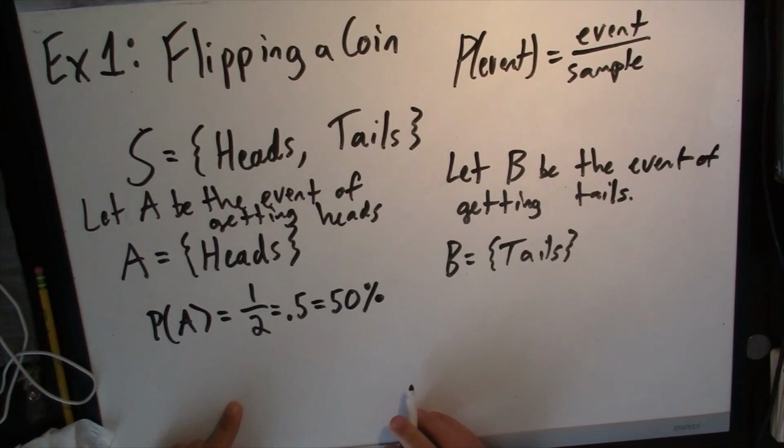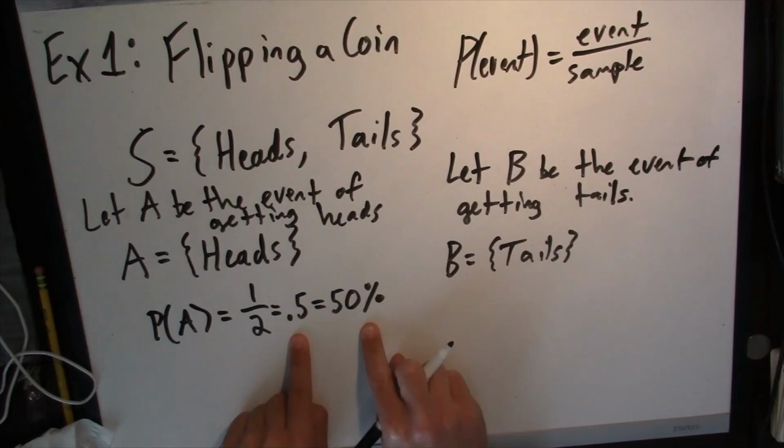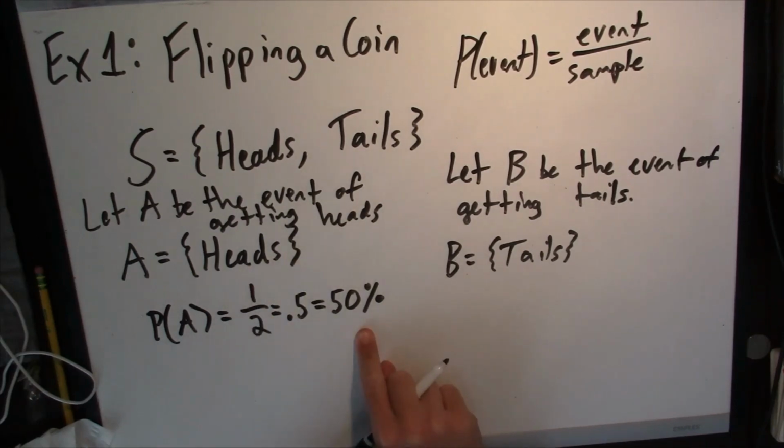You see a lot of things mostly as decimals, but also as percentages. These are the 2 most common ways of talking about probability. A 0.5 probability is the same as a 50% chance. So if I were to flip a coin, I have a 50% chance of getting heads.